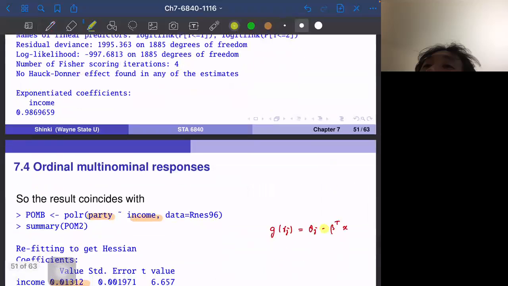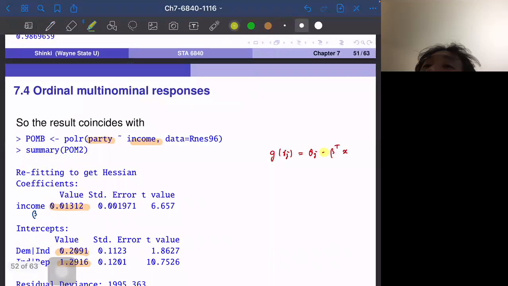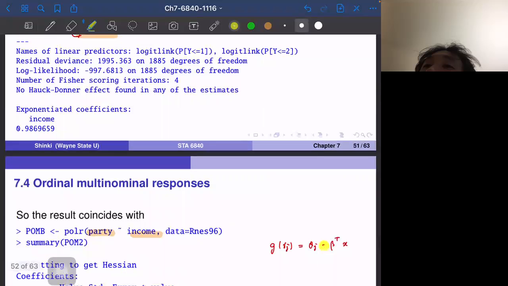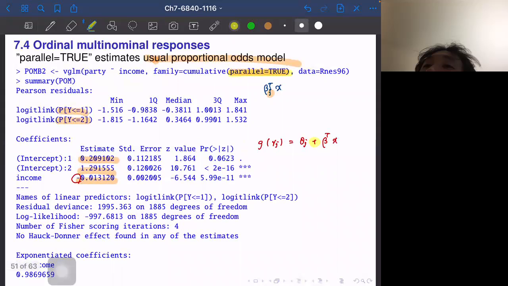Actually, the proportional odds model is a little bit strange because we have a negative sign here. So it's a little bit special. And the VGLM function is just as usual, theta j plus beta transpose x.